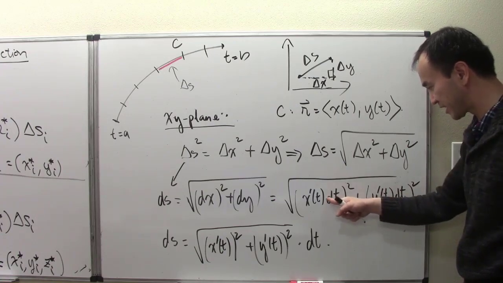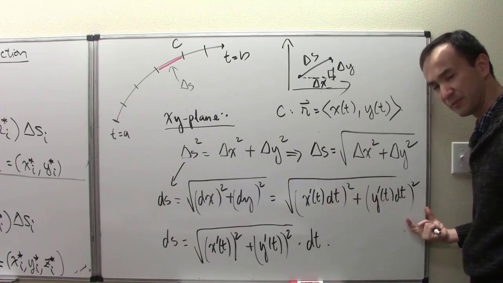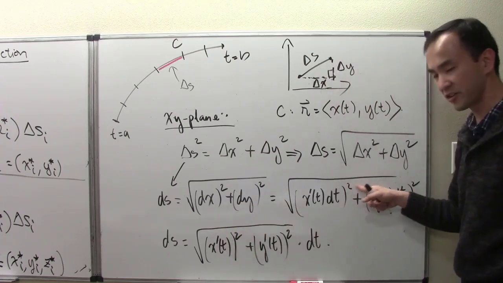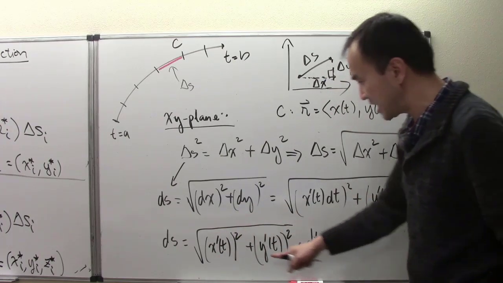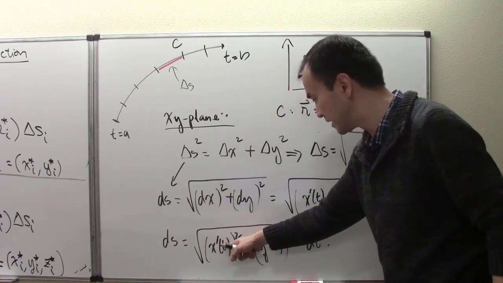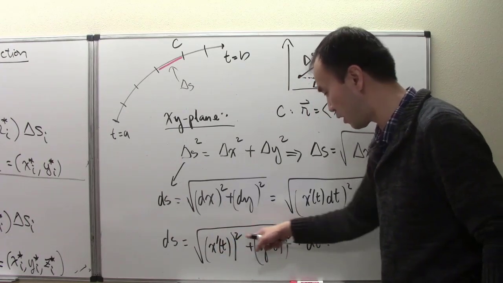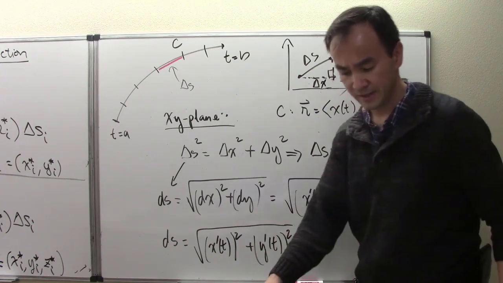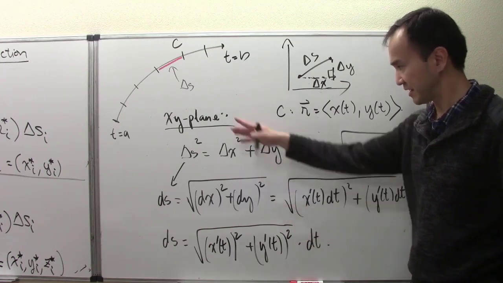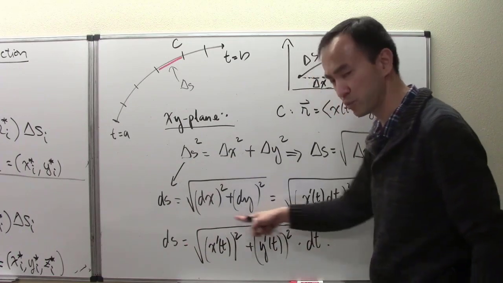So as a common factor we got dt squared, so I pull it out and take it outside of the square root. Going through the square root eliminated the square on the dt. And so we have found a successful expression for ds: ds equals the square root of x prime of t squared plus y prime of t squared, times dt. So that's the 2D version, how it goes from delta s squared, and I made my argument that ds is expressed as this.